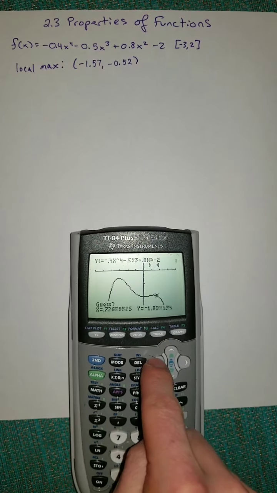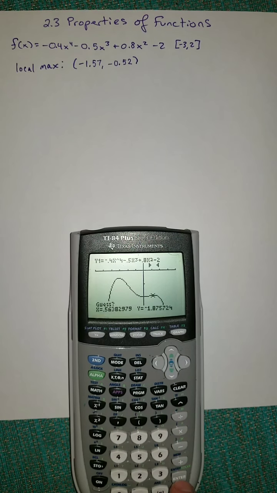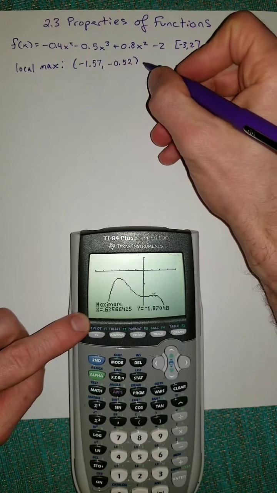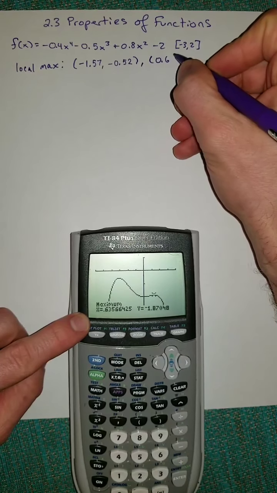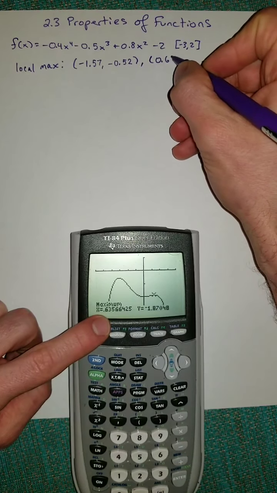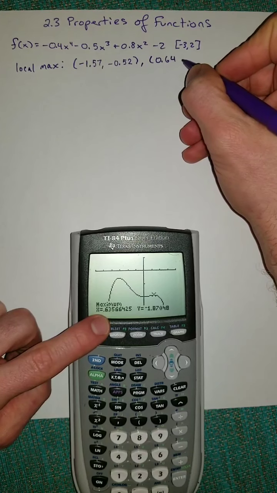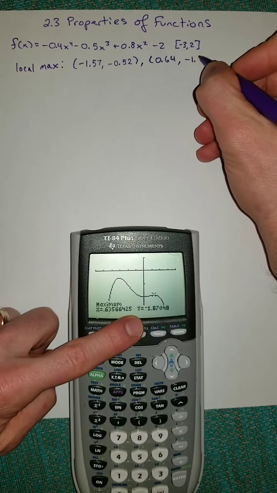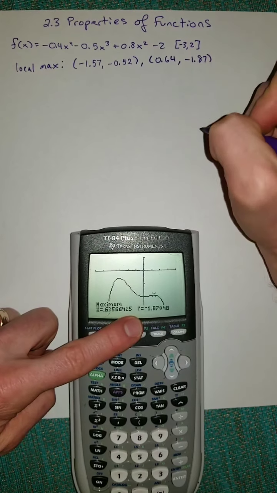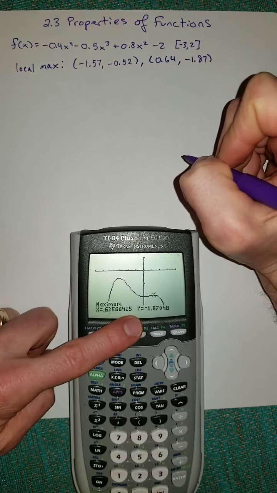And then it wants a guess, so I put the cursor as close to that maximum as I can. And it's going to tell me right here that maximum is at 0.64, negative 1.87. Okay, so those are my 2 local maxes.